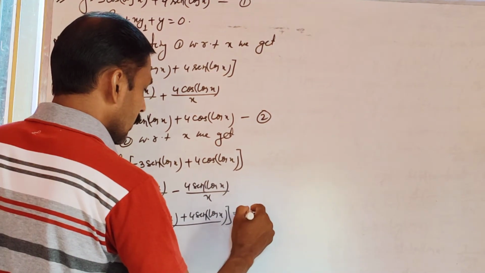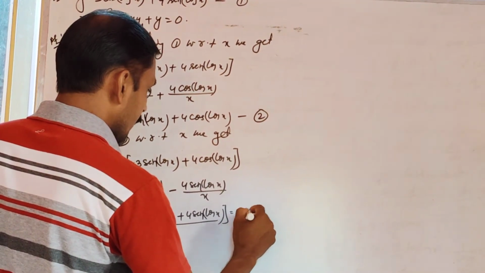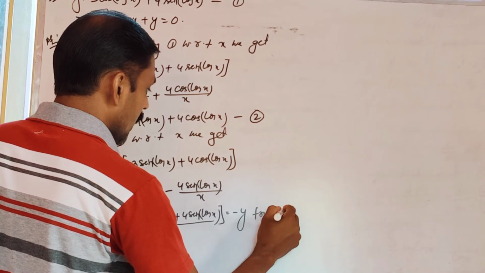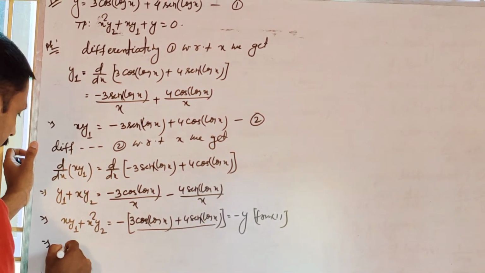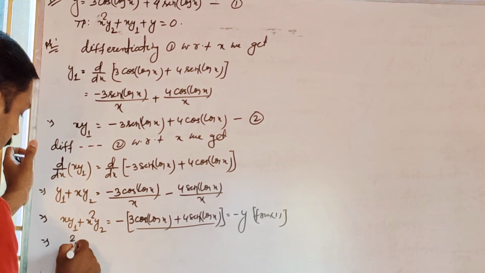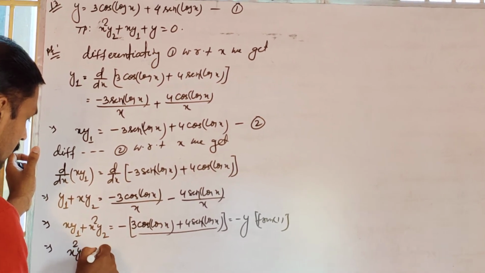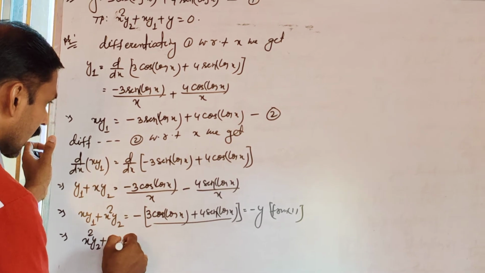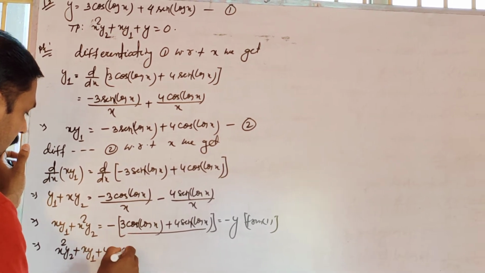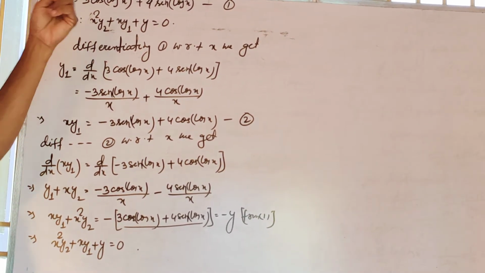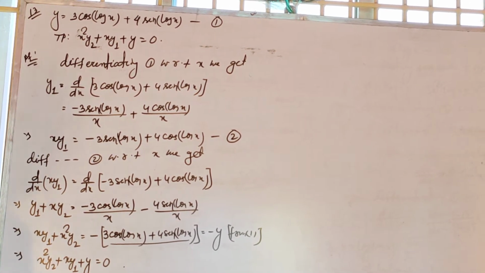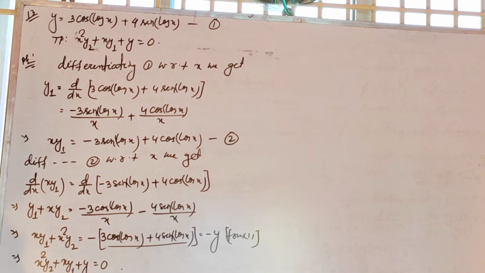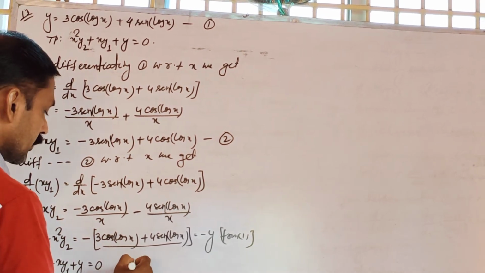So this is equal to minus y. This is from 1. Now you take this minus y to the left hand side. So it will become x square y2 plus x y1 plus y is equal to 0. Direct. So actually this type of question needs cross multiplication. Okay, this is your proof.